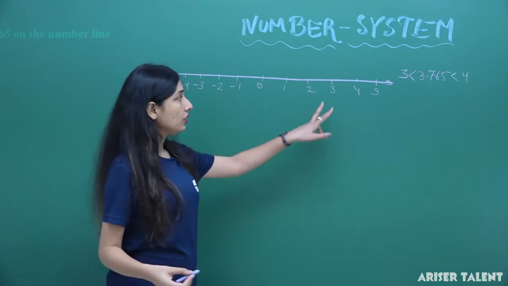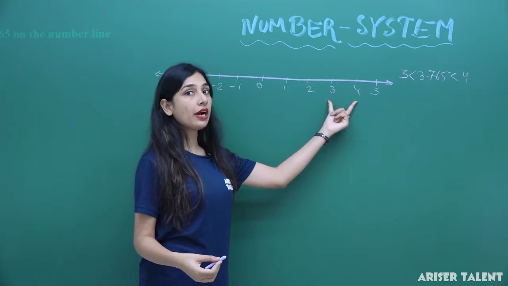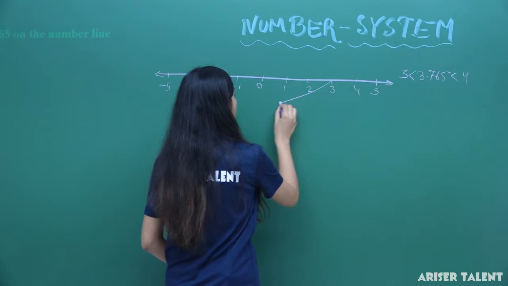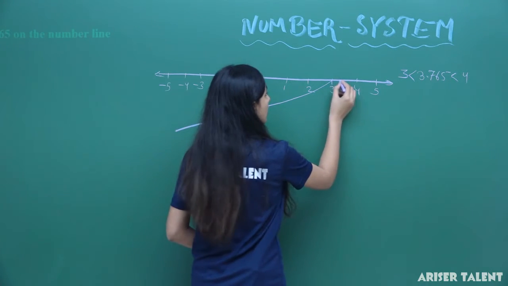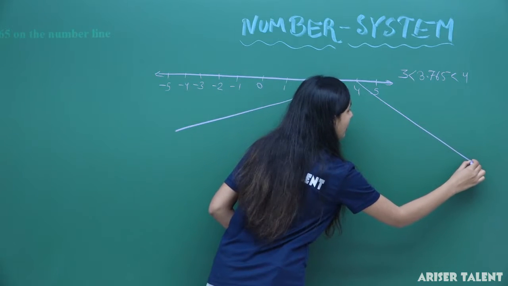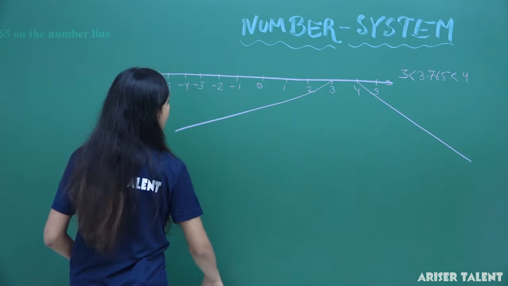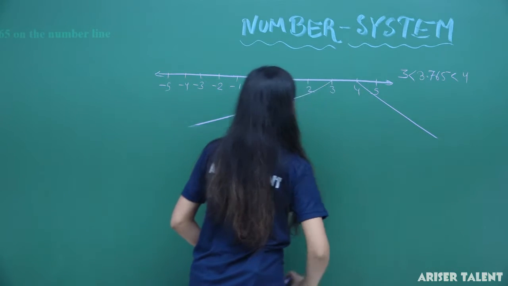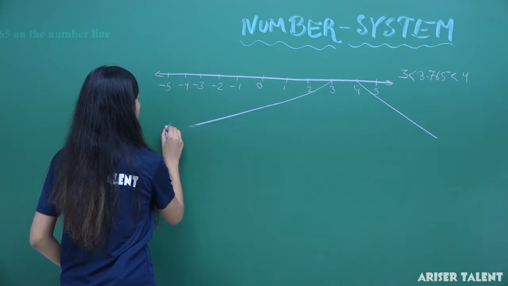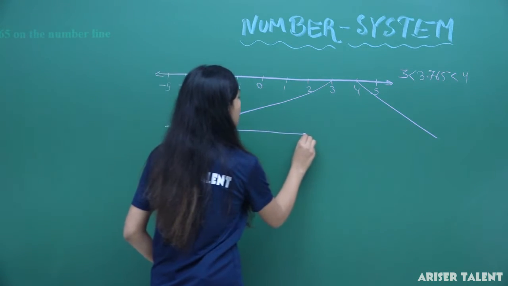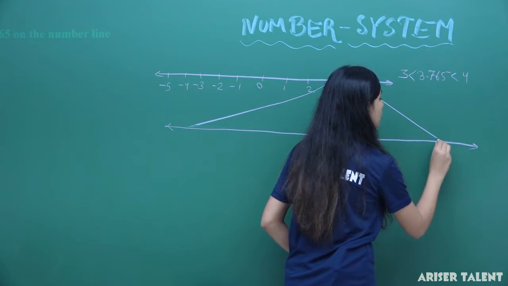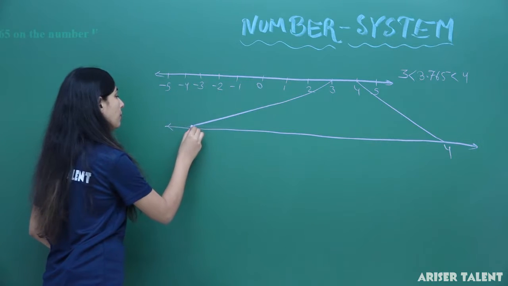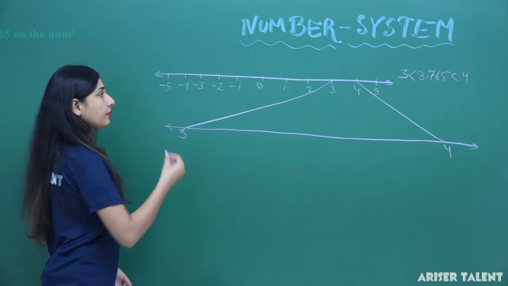Okay, so now I have to magnify this part on the number line. So I am here going to magnify this 3 and 4. So there will be 2 points. This point will be 4 and this point will be 3.